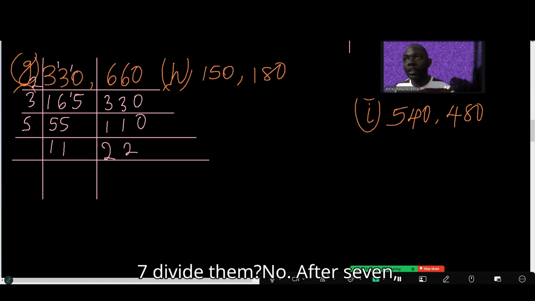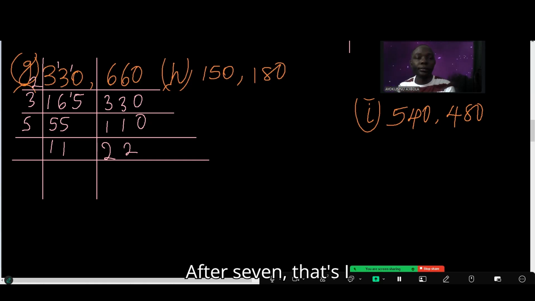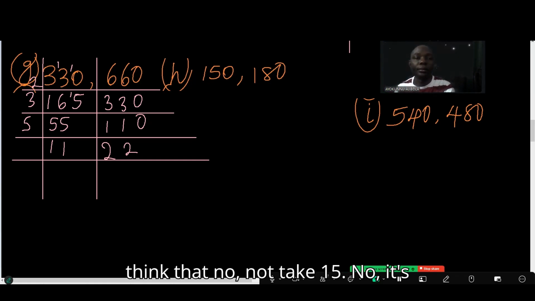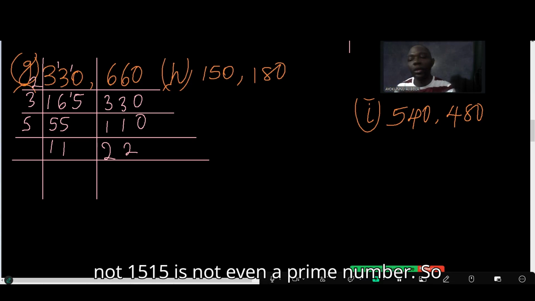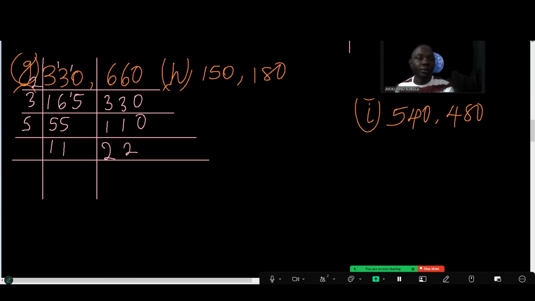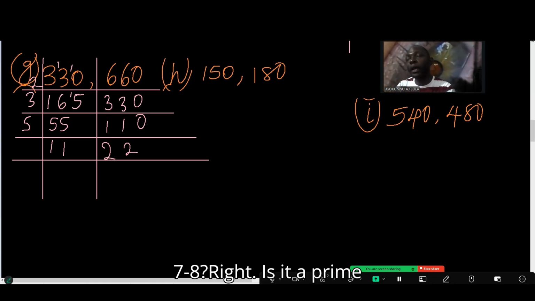After 7, what's the next prime number? I think 15. No, it's not 15. 15 is not even a prime number. So after 7, what's the next number? 8.